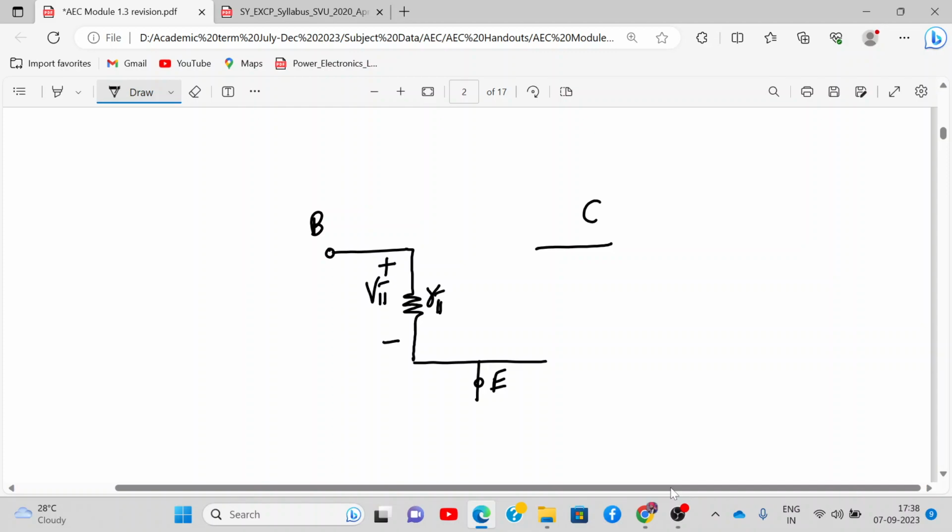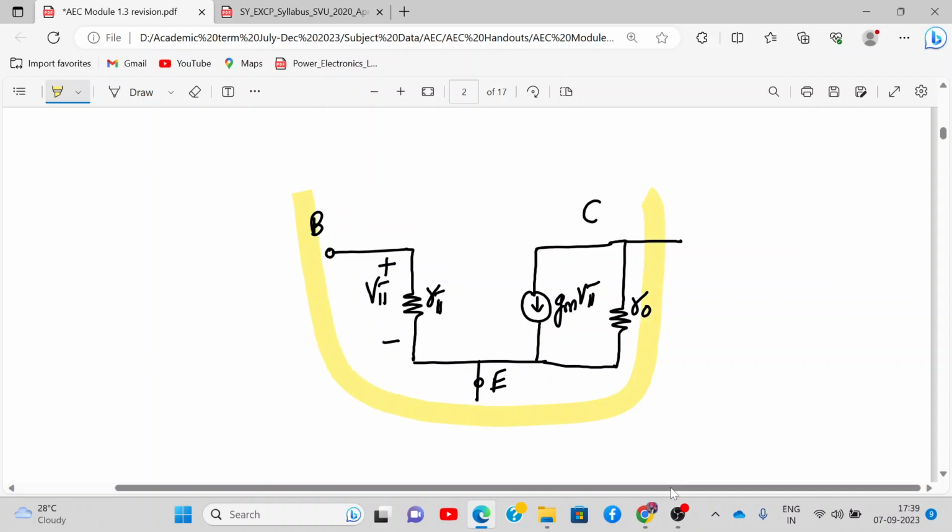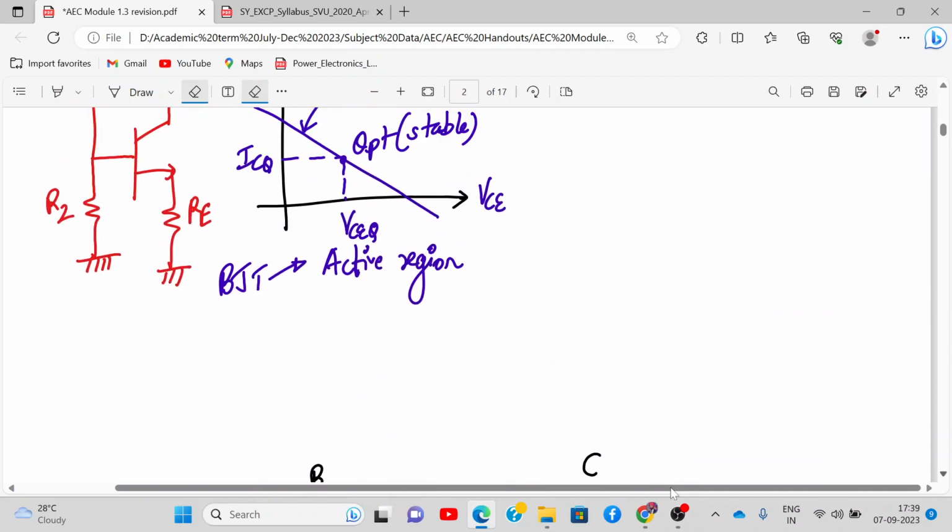What is between collector and emitter? gm times V pi. And there is a small RO also connected. You can avoid connecting RO, but I want to include RO. So this is my hybrid pi model. That yellow portion which I have drawn is this. Have you drawn this model?